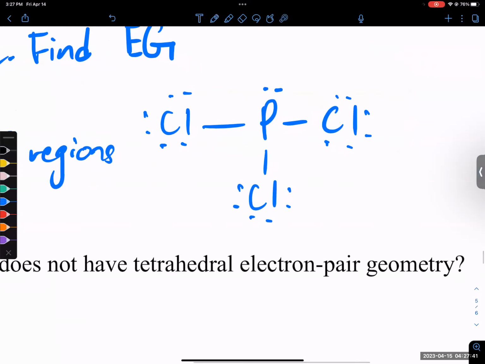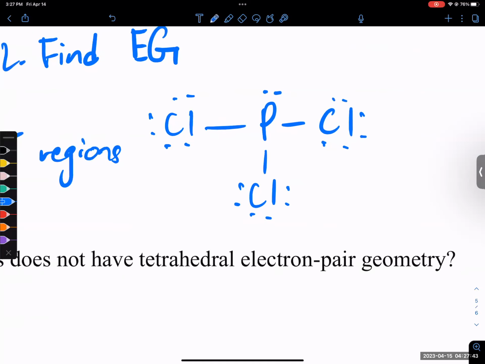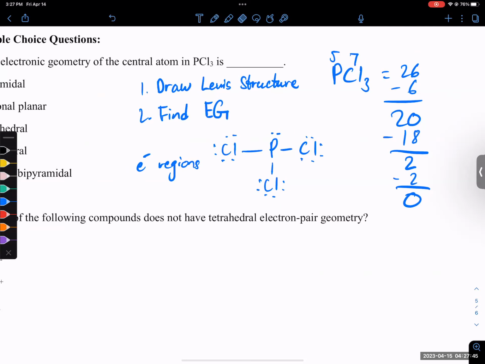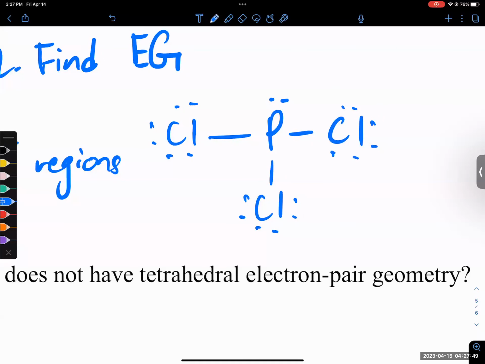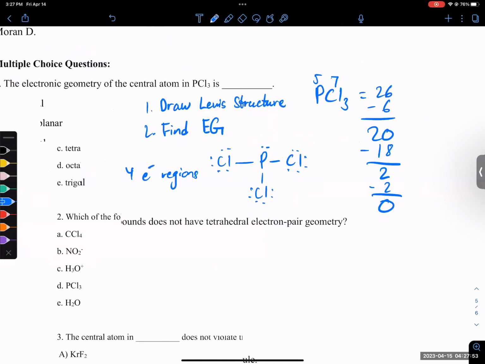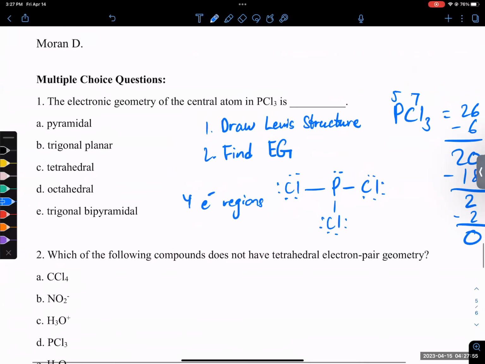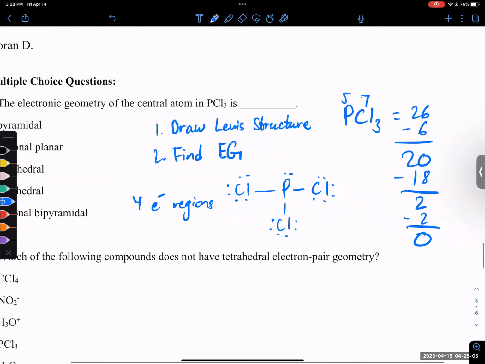Oh, yeah, look at that, there is four. I'm stupid. Okay, four electron regions. There is, because there's 1, 2, 3, 4 right here. It was a trick question, guys. He was just making sure y'all are paying attention. Exactly. Oh, Daniel says you're lying. Just kidding. All right, 4 electron regions.